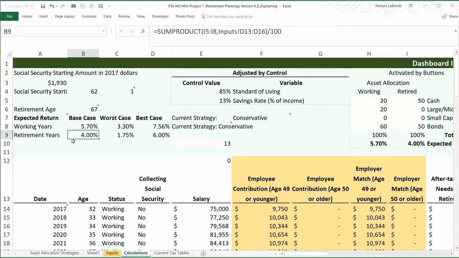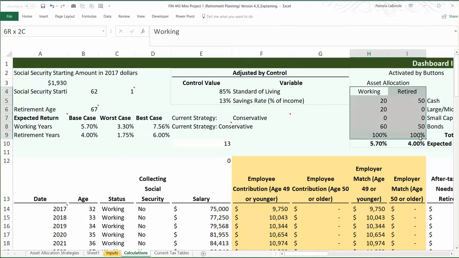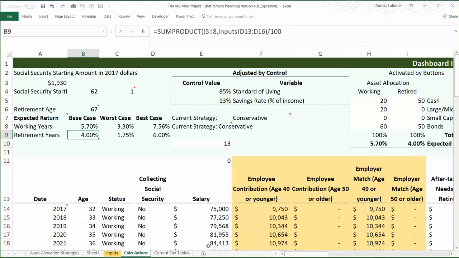B9 has my expected return for my retirement years. And remember, that's driven by the values here, which are driven by the sliders on my dashboard. So, base case working year return, base case retirement year return.